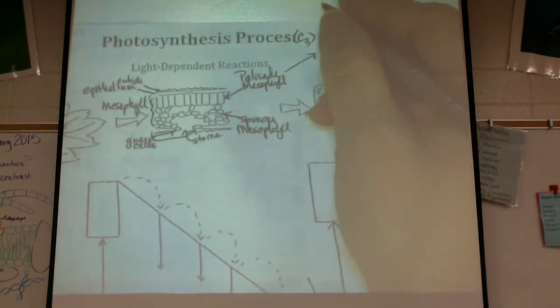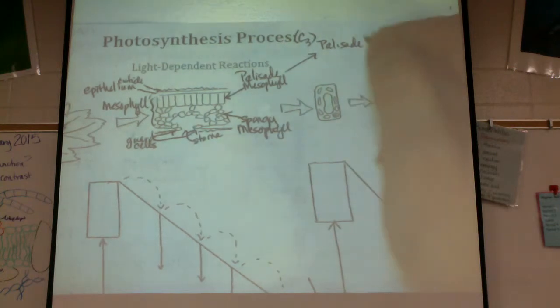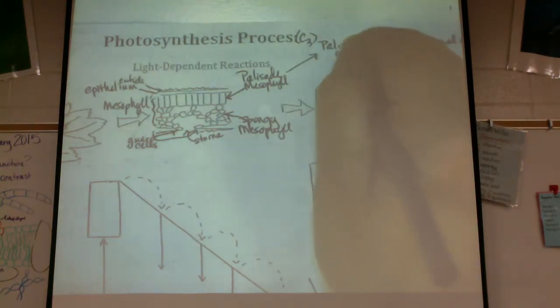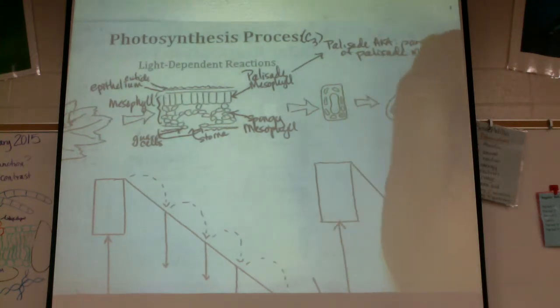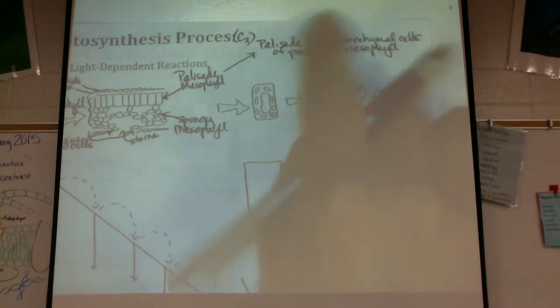I've seen other ones on different tests. They're also known as just the palisade, and also as the parenchymal cells of the palisade mesophyll. This is just a little more specific, another way you might hear it.